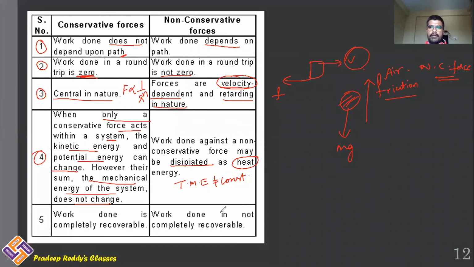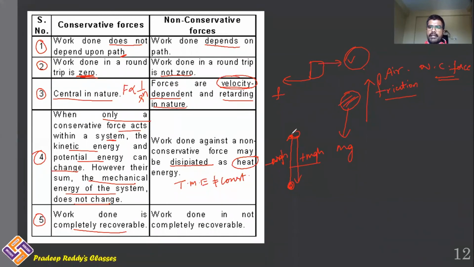That's the fourth point. Coming to the fifth one, work done is comparatively recoverable. Just like we have seen, when the body is lifted from the ground to a certain height, we have done work of minus mgh. When the body is coming down again, we get plus mgh. Net work done is equal to 0.